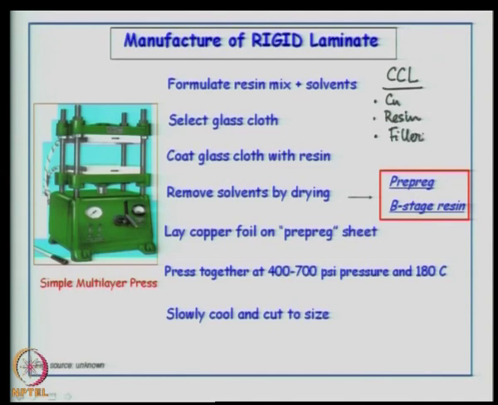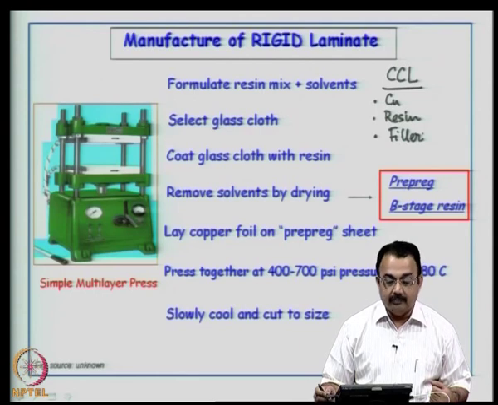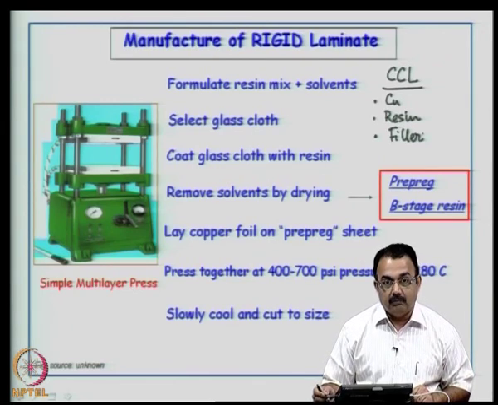We have used schematics in the last class to see what each of these denote. Now, we are going to discuss in simple terms the manufacture of a rigid laminate. We will discuss flex substrates or flex copper clad laminates much later.